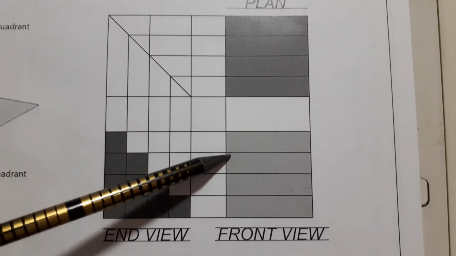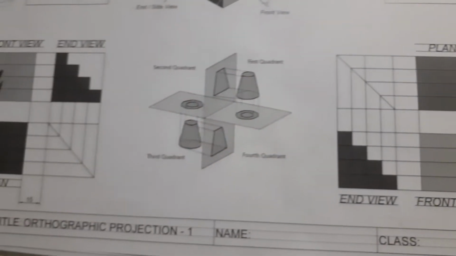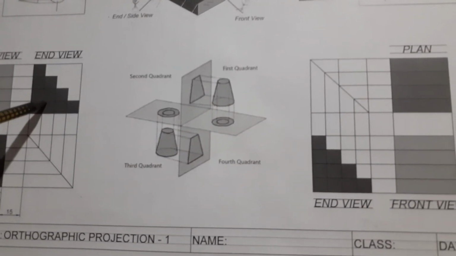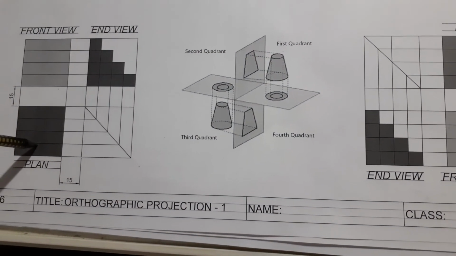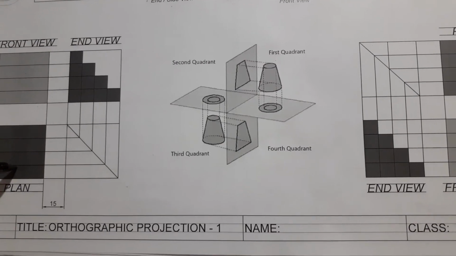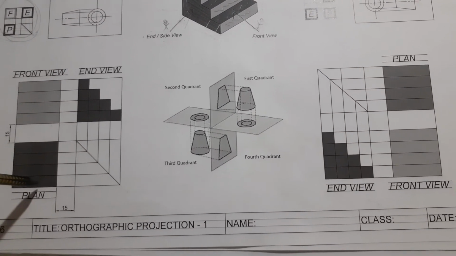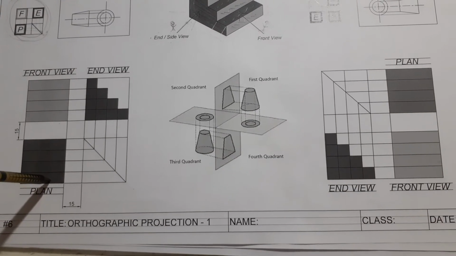Now, if we go to the third angle, look, the front view is exactly the same as this front view. The end view is exactly the same as this end view. And the plan is exactly the same as this plan. Because, like I said, the views and the dimensions always remain exactly the same.